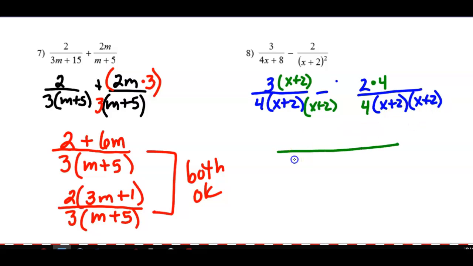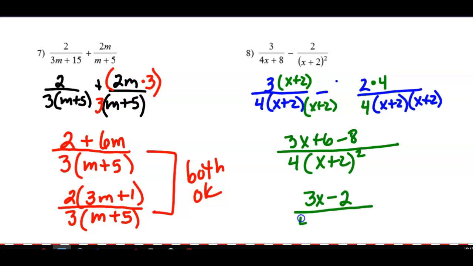Okay, so we have a 4 and an x plus 2 times an x plus 2, or we could write it x plus 2 squared. Up top we have, I'm going to distribute this, 3x plus 6, and then this would be minus 8, which would simplify to a 3x minus 2, which is not going to reduce with anything down here.